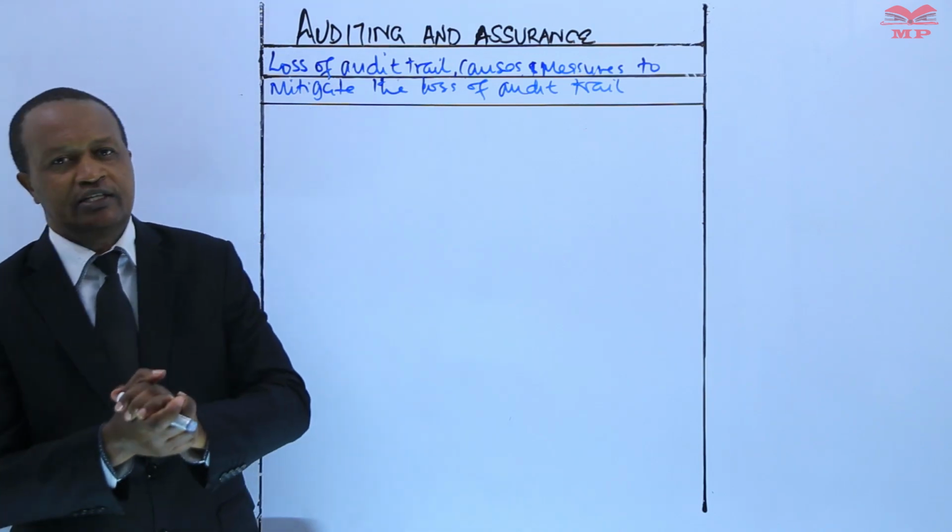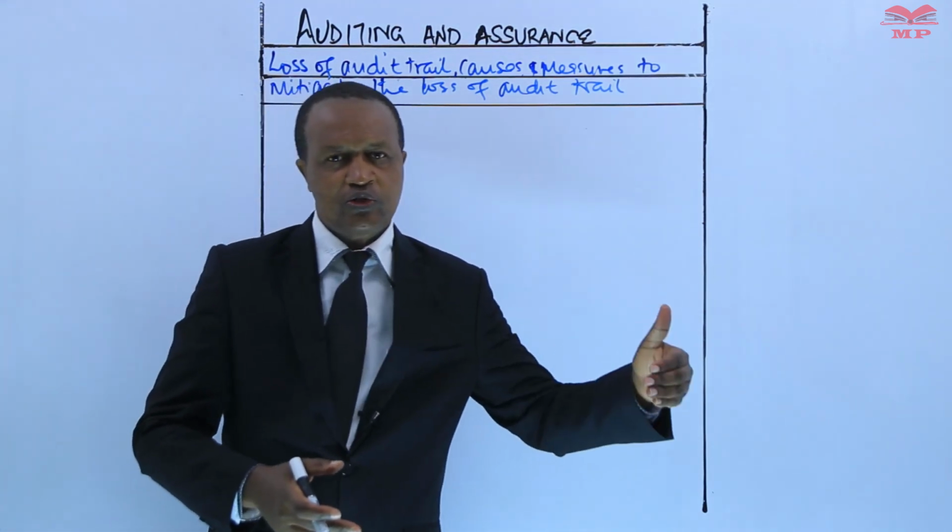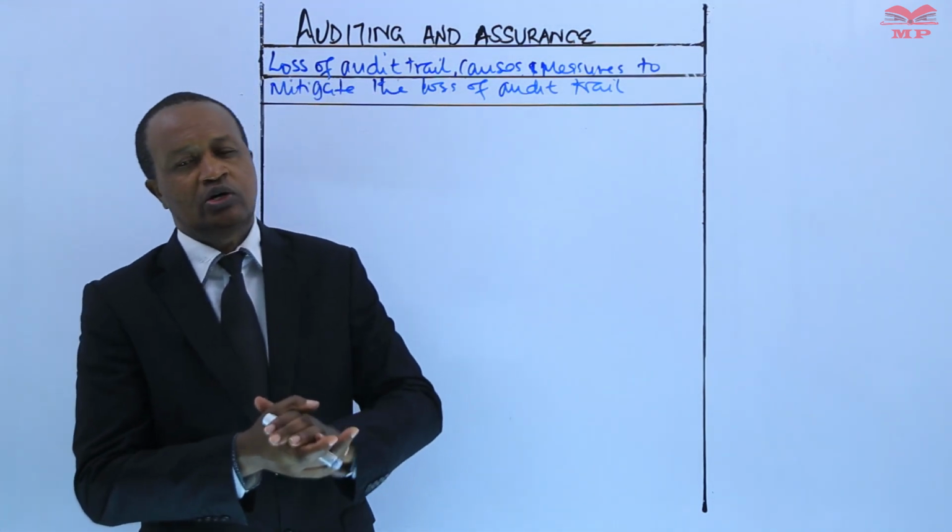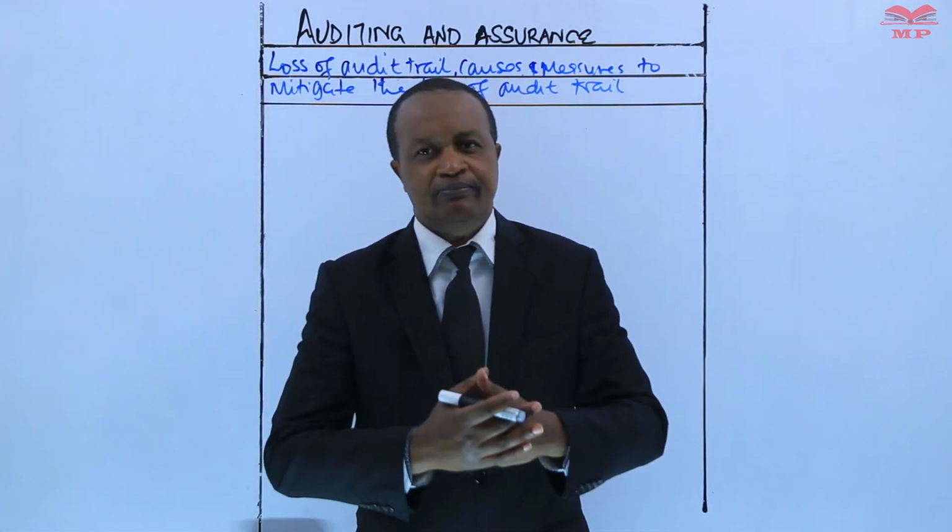Now, an audit trail is a chronological record of events or transactions within a system.